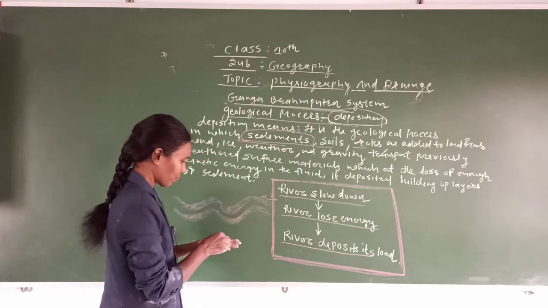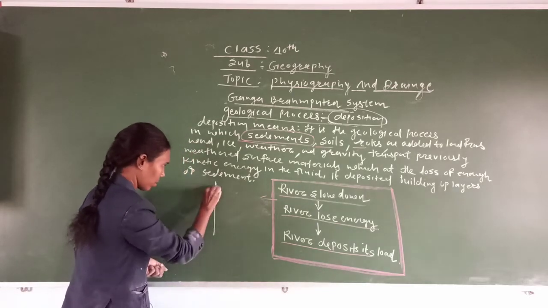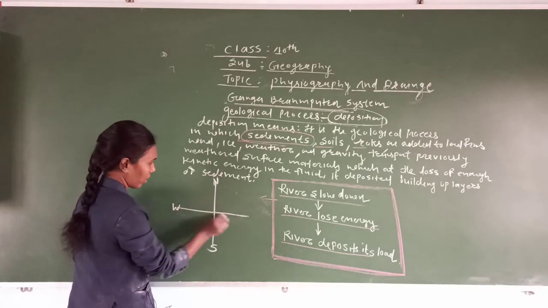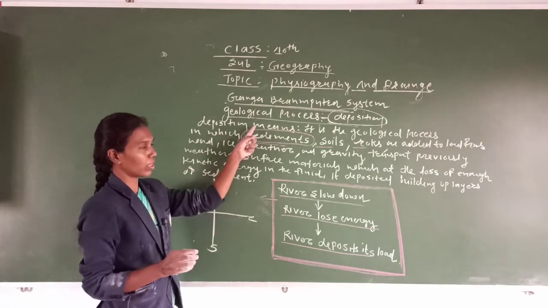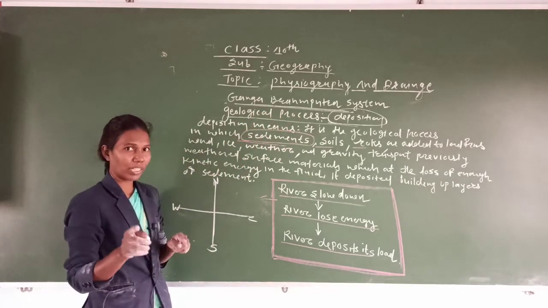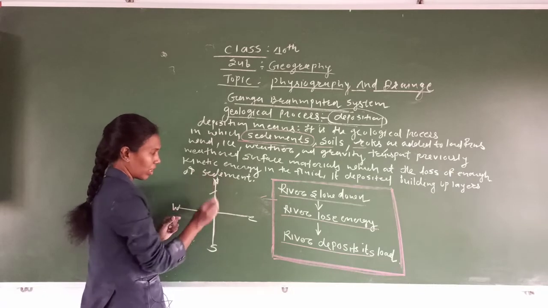For example, we get a diagram with north, south, west, east. What we learned, the geological process and deposition, is the formation of the Ganga Brahmaputra system. So we get the idea of where the Ganga Brahmaputra system is: the Himalaya, the North Indian plain.